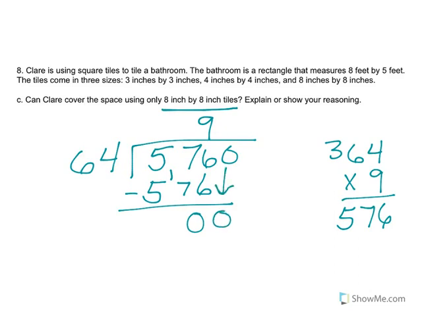Bring down the 0. 64 goes into 0 how many times? 0 times 64 is? 90. The rectangle is 8 by 12 by 5 by 12 inches, which is 96 inches by 60 inches.